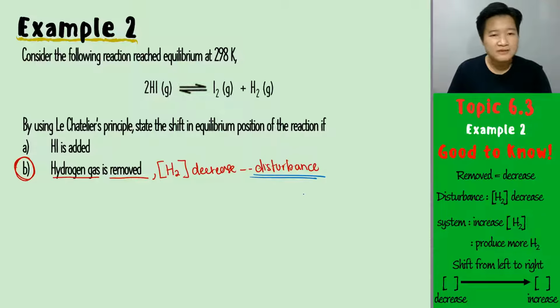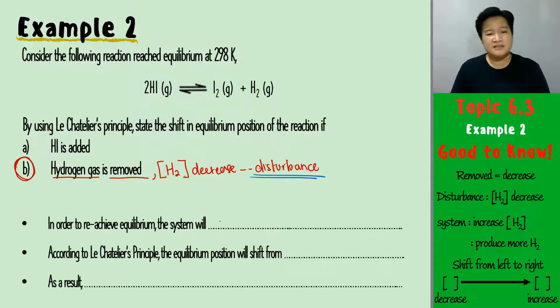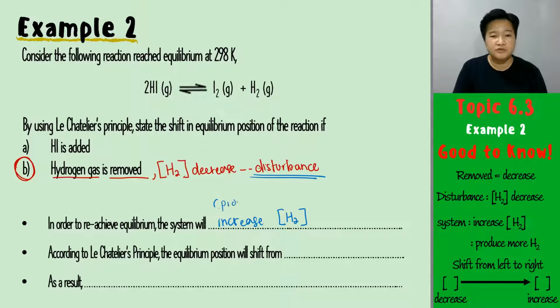What will the system do? Simple. The system will then increase what you have decreased. So the system will increase the concentration of hydrogen gas. As simple as that. And how can we increase something? Simple. We produce the hydrogen gas. When you produce the hydrogen gas, you increase the concentration. Okay?